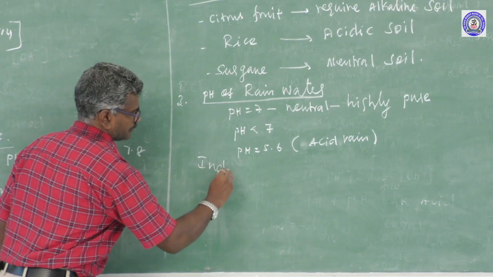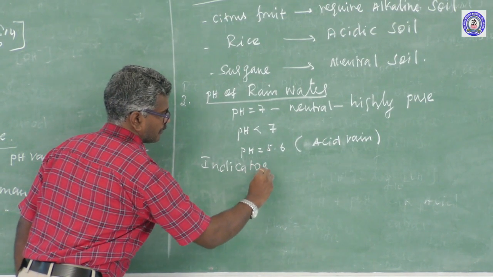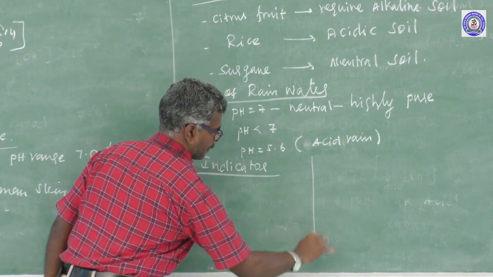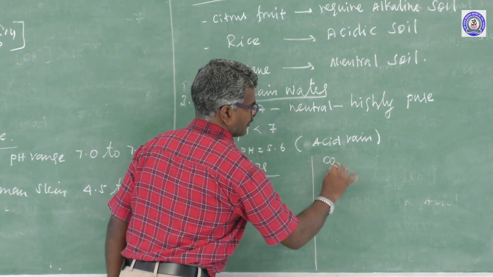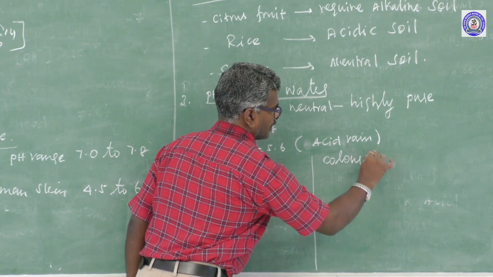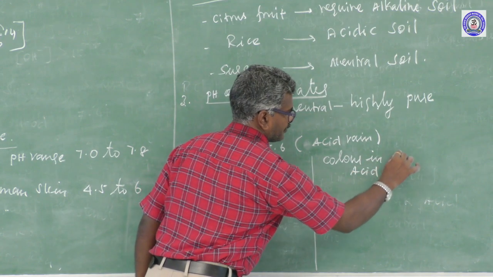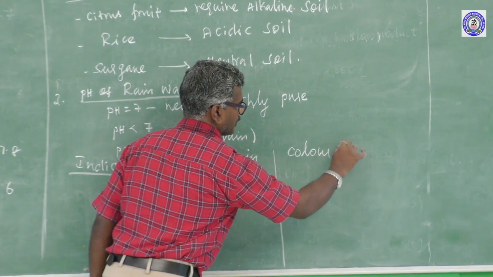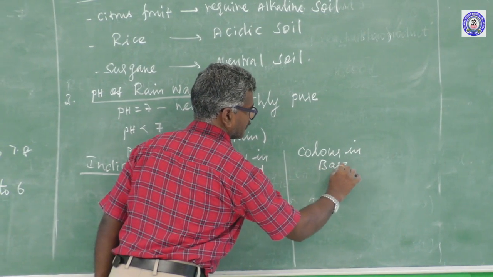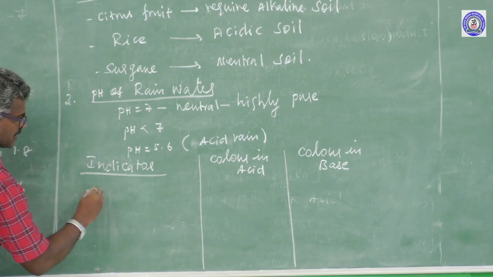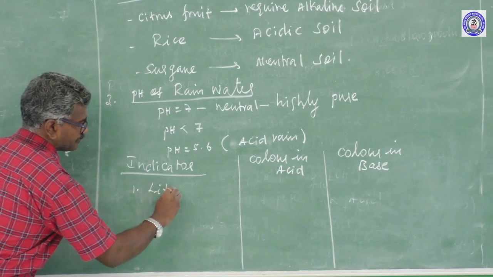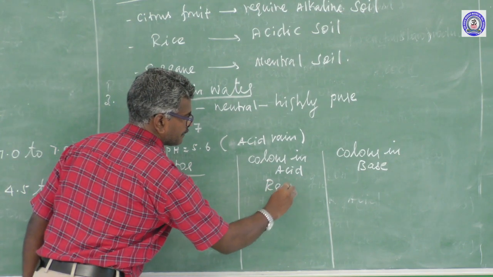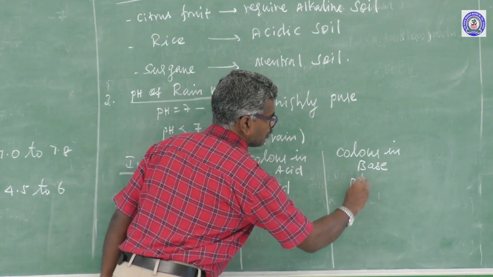Another one is indicators. There are three types of indicator, each with a color in acid and a color in base. First one is litmus paper: in an acid medium, red color; in a basic medium, blue color.